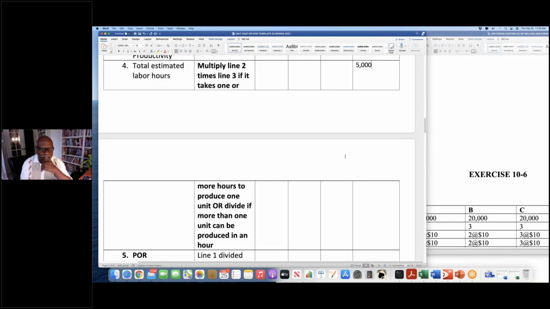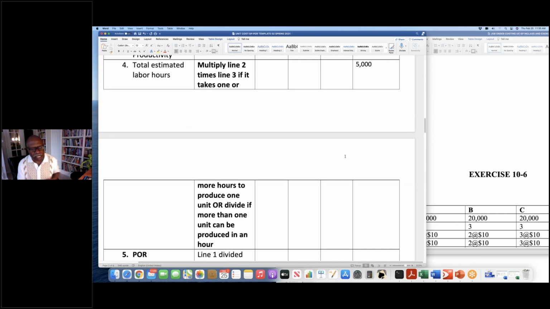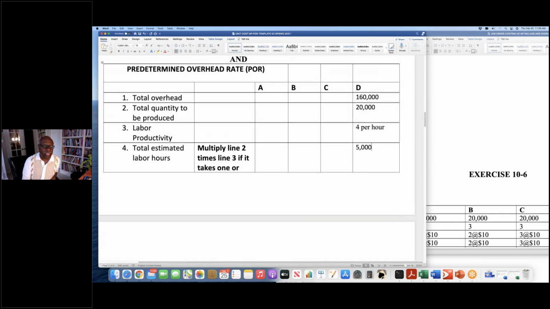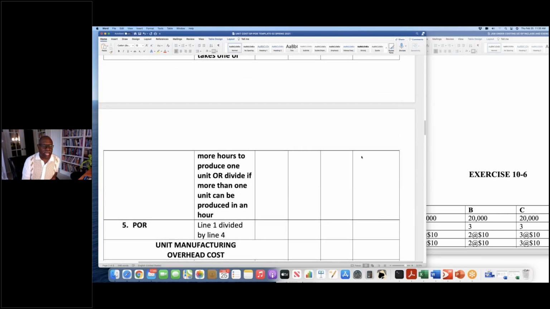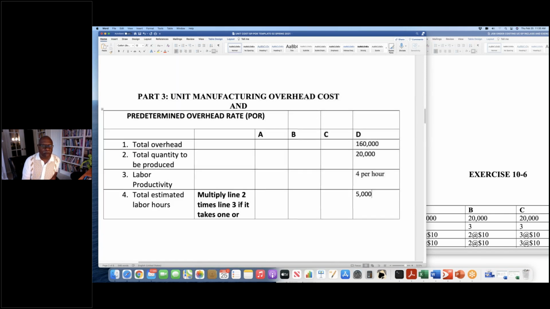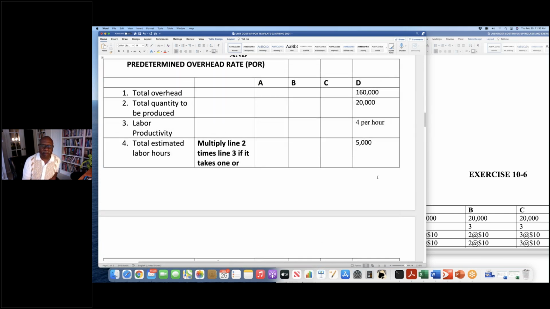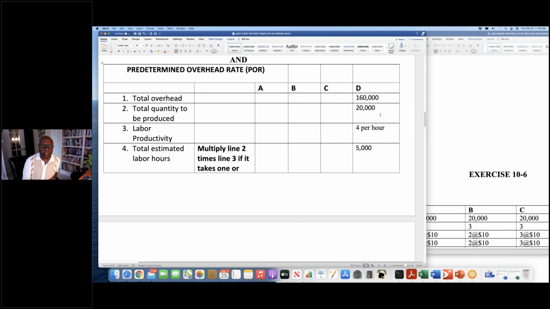So it's 5,000. So what's our POR going to be? It says line 1 divided by line 4. What is our POR? 32.